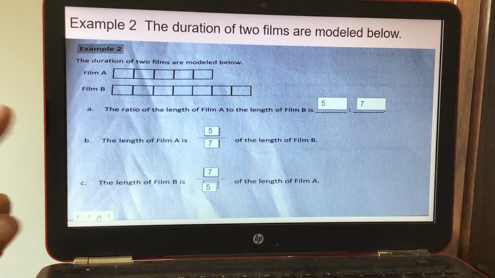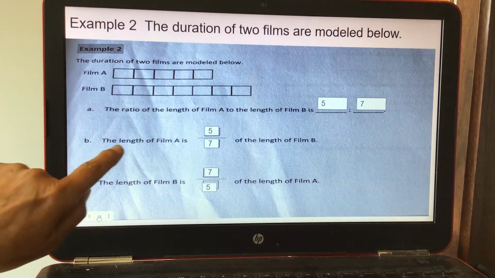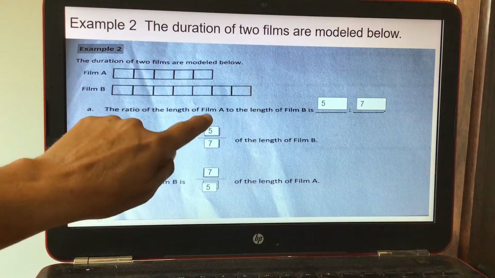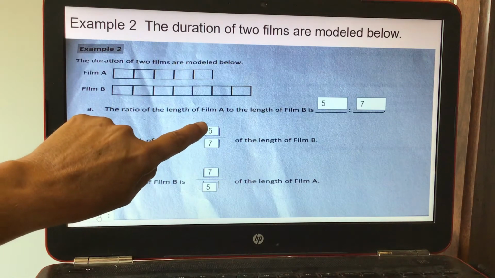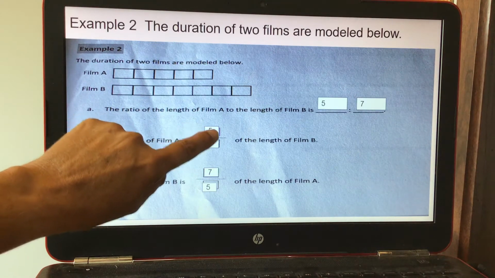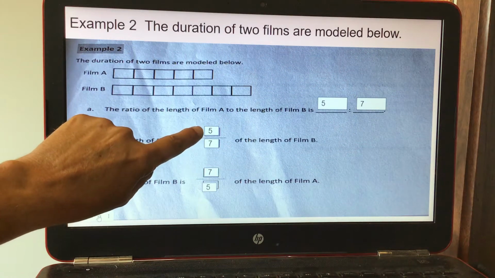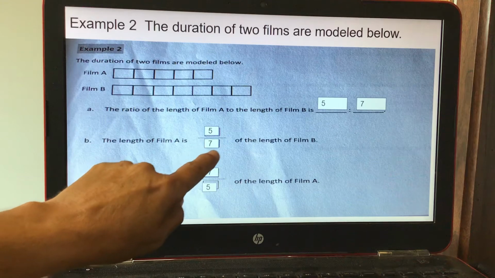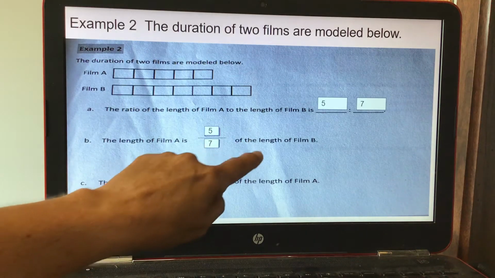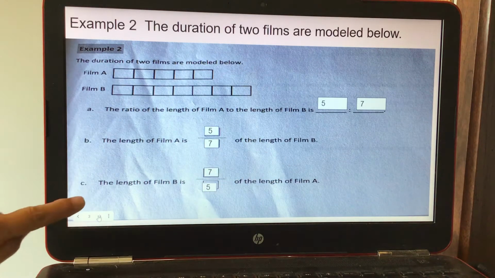Remember, order is important, so whatever they say first should be your first number for the ratio. The length of film A is the first thing they say, so your first number would be up here for a fraction. That would be your numerator, so 5 over 7. 7 is your denominator, okay? So the denominator would be the second thing that they mention.